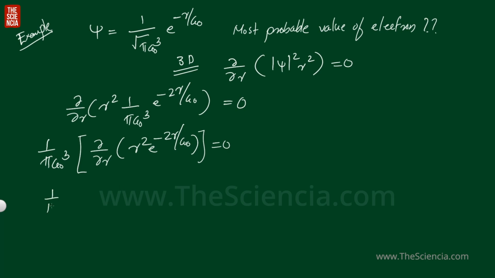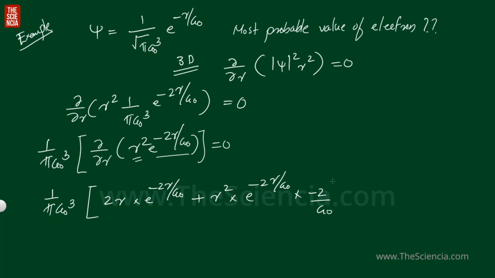That is equal to 1 by pi a0 cube into derivative of first function, that is 2r into e raised to minus 2r by a0 plus r square into derivative of second function, that is e raised to minus 2r by a0 into minus 2 by a0, that is equal to 0.